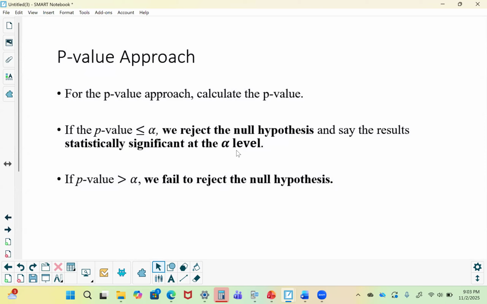If the p-value is greater than alpha, we fail to reject the null hypothesis. When we fail to reject the null hypothesis, we say there is not evidence for the alternative. When we reject the null hypothesis, we say there is evidence that the alternative is true.